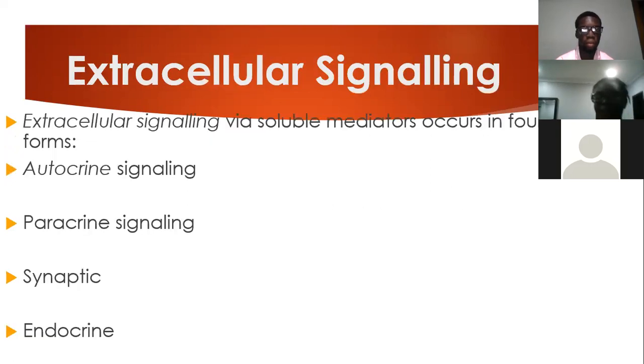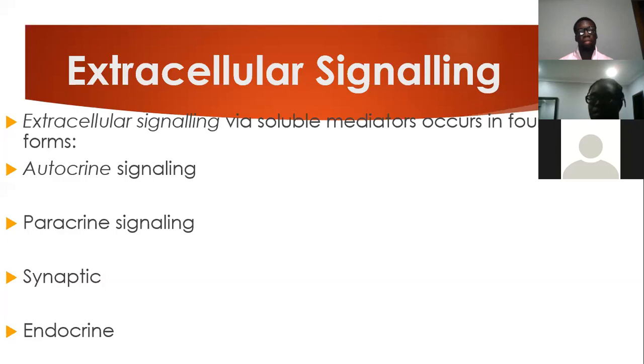Okay. Another background that I want us to understand is extracellular signaling. Before, we said that the signals that cause inflammation are the same signals that will cause the cells to proliferate. So let's try and understand what these signals are.